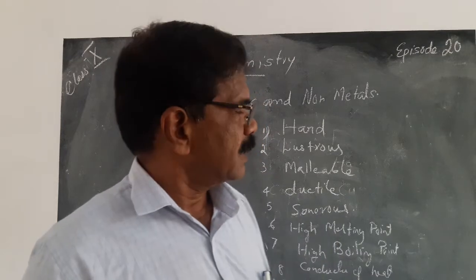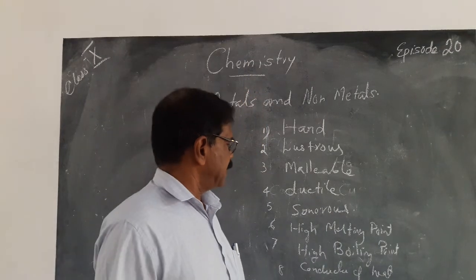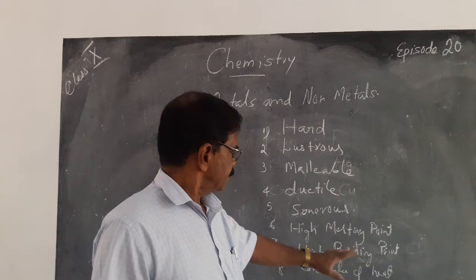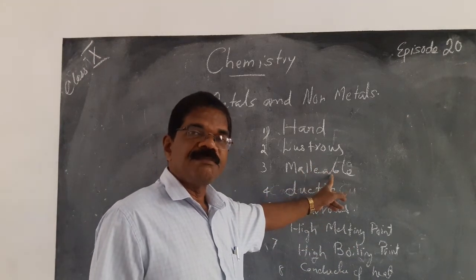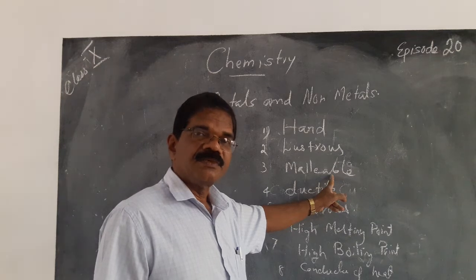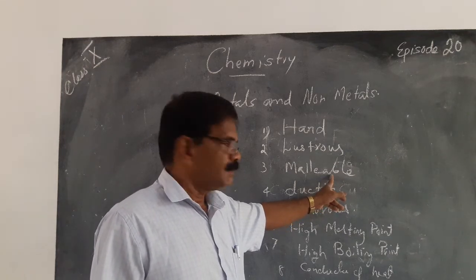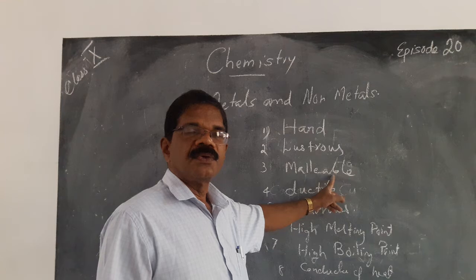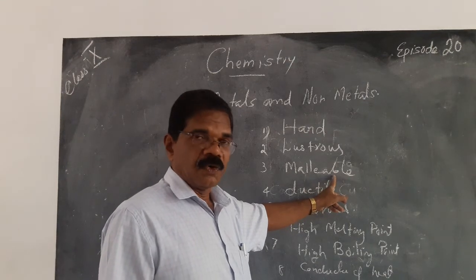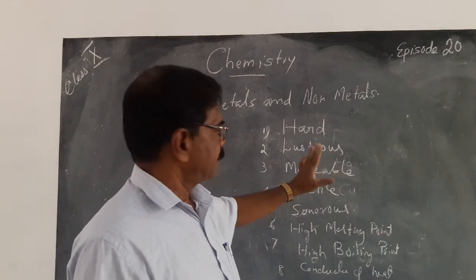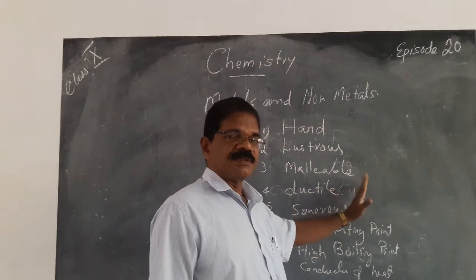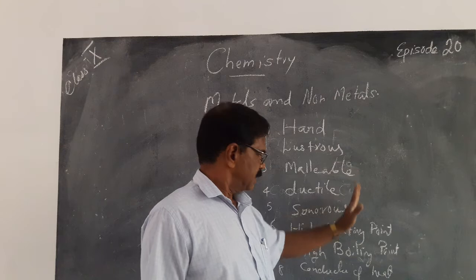Then which metal has the highest malleability? Malleability means being beaten into thin sheets. Gold is the metal which has the highest malleability.